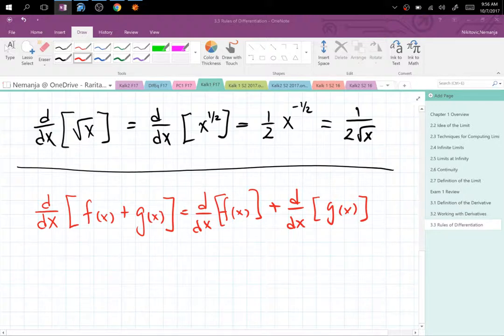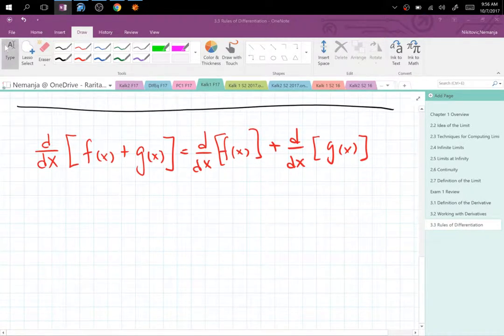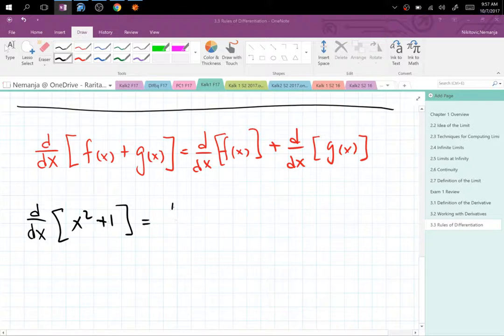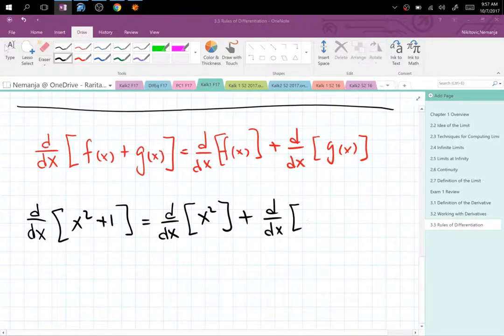Remember we had x squared plus 1 in the first question today during the homework? So now we can take the derivative of x squared plus 1, and we deal with it by figuring out the derivative of x squared separately from the derivative of 1. What's the derivative of x squared? And what's the derivative of 1? So the total is 2x, which is exactly what we had when I did the limit, very first thing today, right?